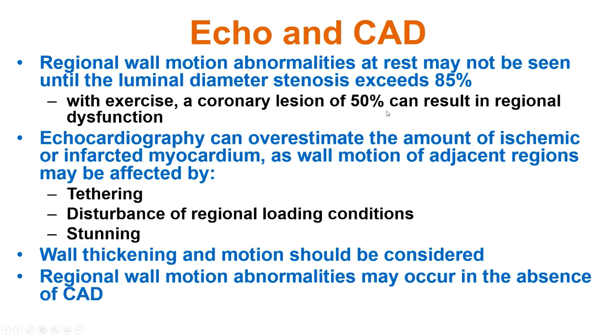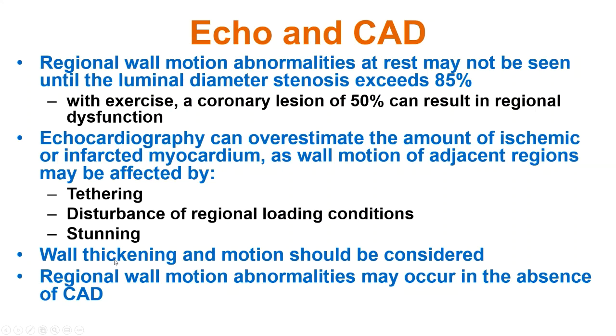With exercise, you don't need quite as much to create a regional wall motion abnormality. Now, echocardiography can overestimate the amount of ischemic or infarcted myocardium because of tethering, because of disturbance in regional loading conditions, and because of myocardial stunning.